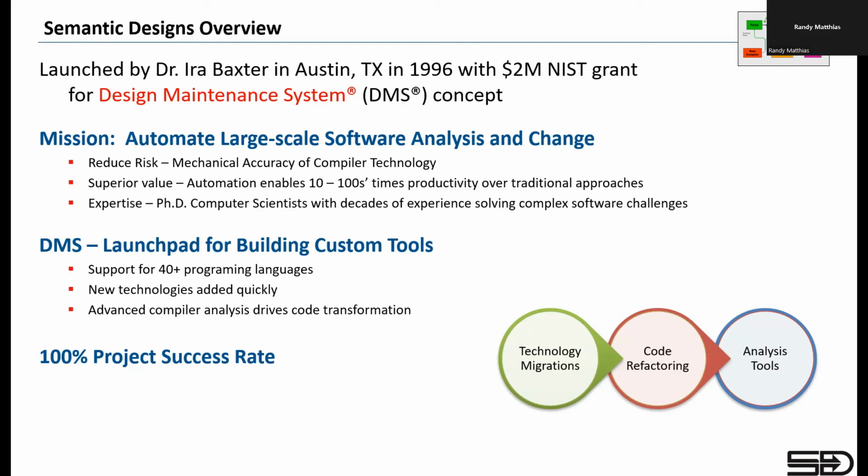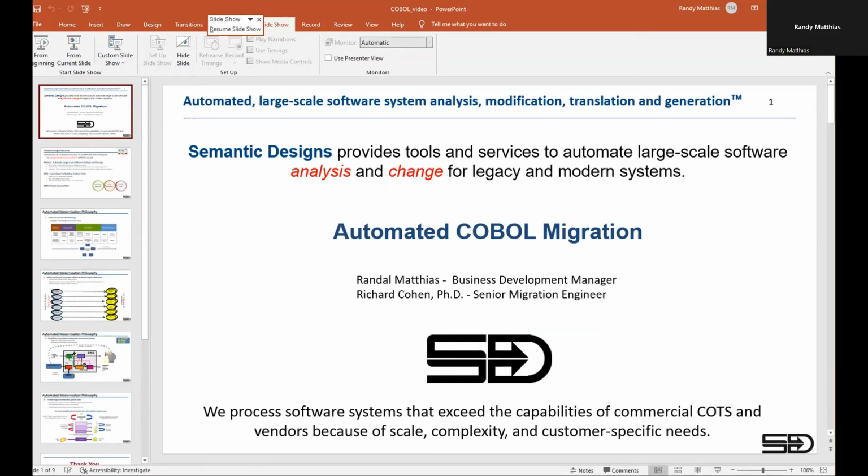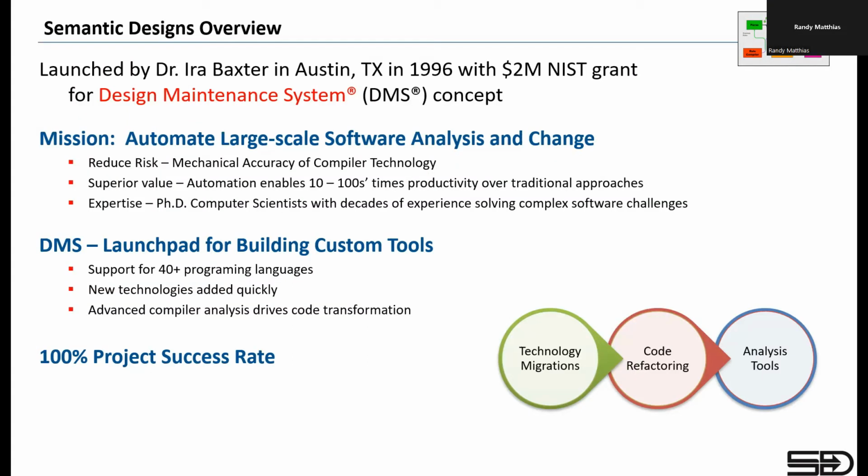We've also used DMS for many different technologies. To date, we've used DMS on over 40 different programming languages. And we're very proud of the fact that in our 25-year history, we've never failed to deliver on a customer engagement.